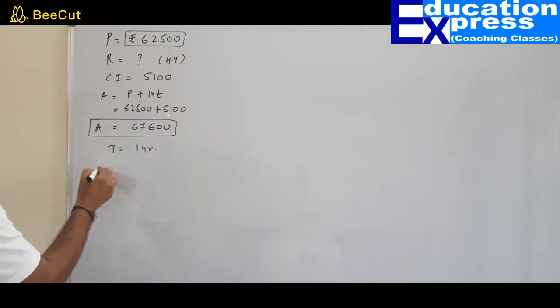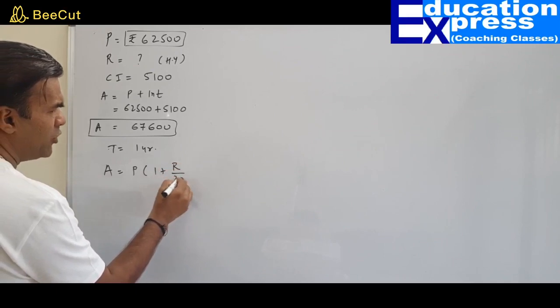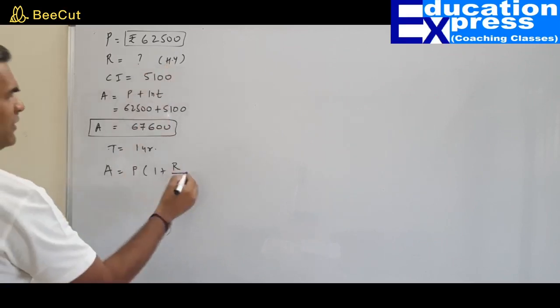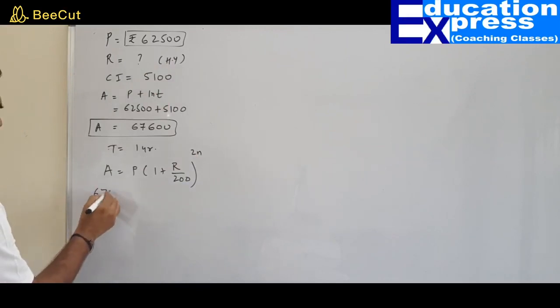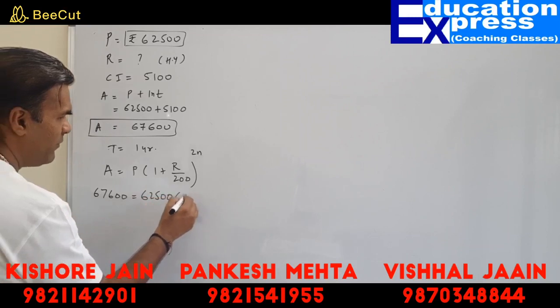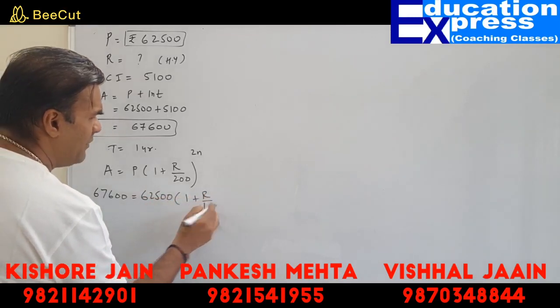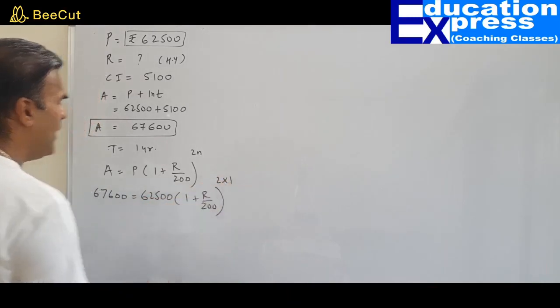Amount equals principal times (1 plus R upon 200) raised to 2n, because it is half yearly. What is the amount? 676,000. What is the principal? 625,000. 1 plus R upon 200 raised to 2 into 1.